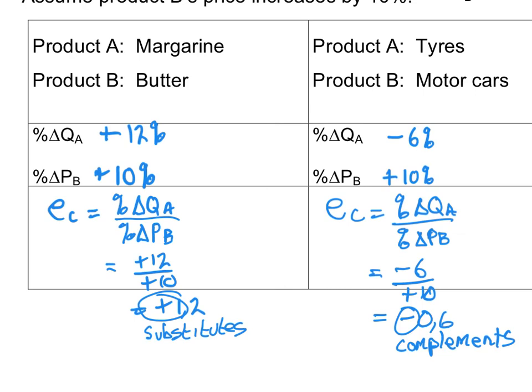Lastly, it's important to note that in a test or exam, the question may read something like this. If the cross-elasticity between goods X and Y is minus 1,3, how are they related? So you would need to know that because the coefficient value is negative, they are complements.